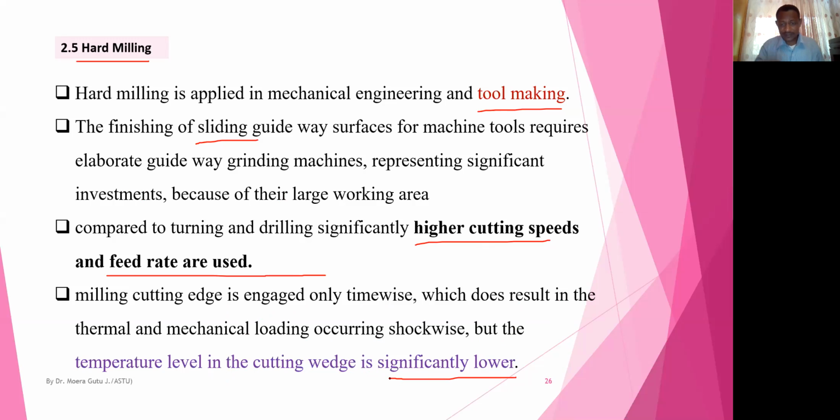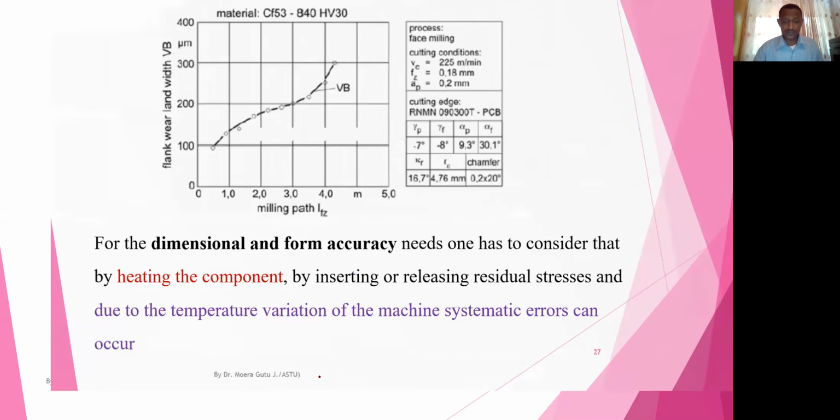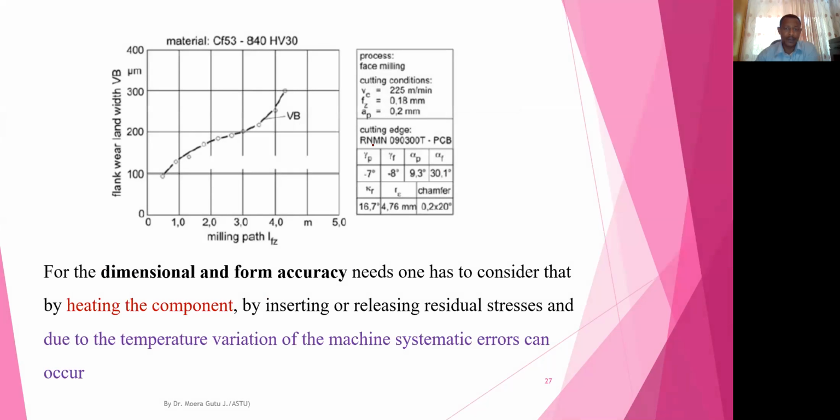The intermittent engagement of the milling edge with the workpiece can allow what? The lubrication and the air cooling system. So in that case, the temperature levels are very low. It can add to tool life. Here you will see the cutting speeds.